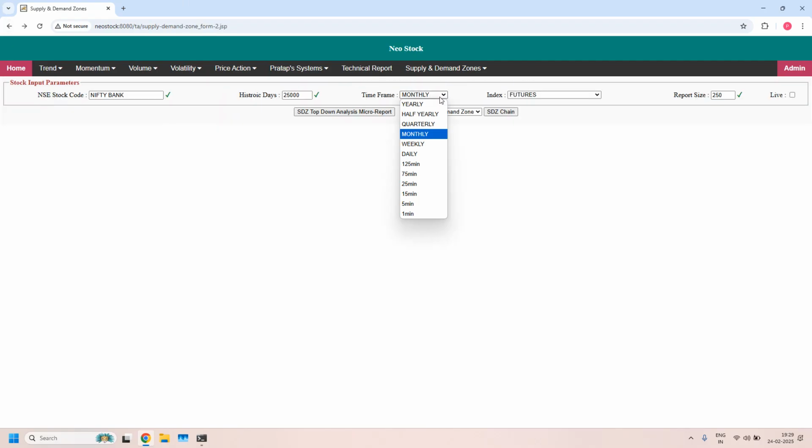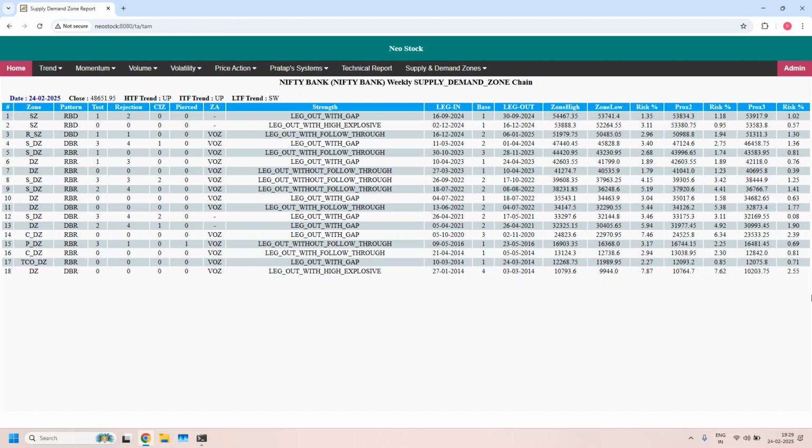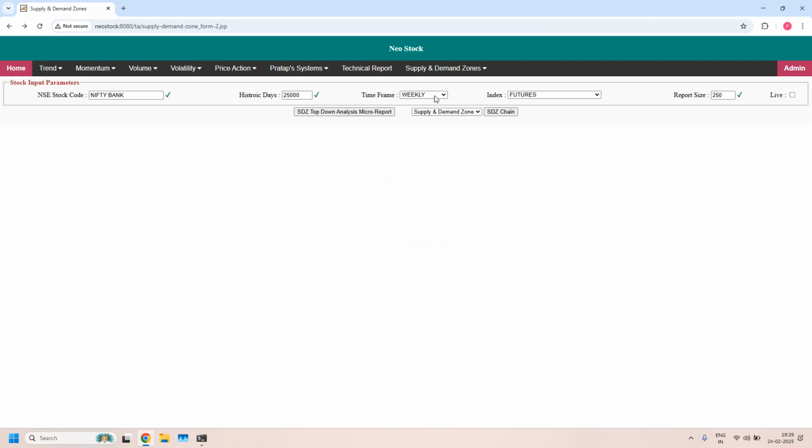Next, weekly supply demand zone chain for BANKNIFTY. Next, daily supply demand zone chain for BANKNIFTY.